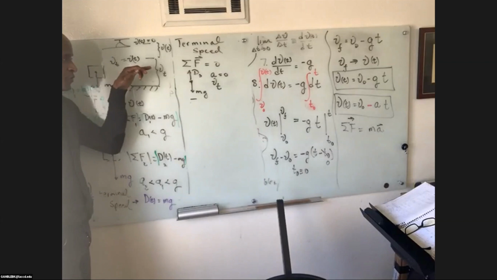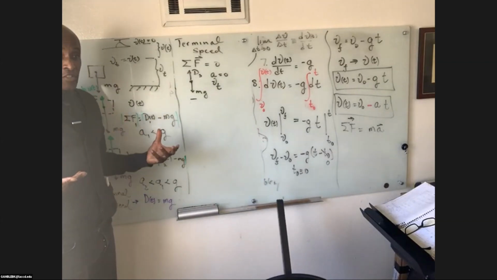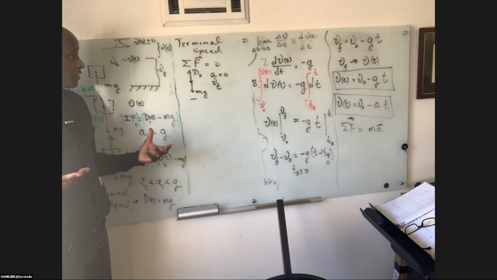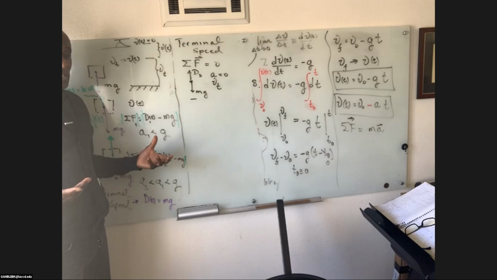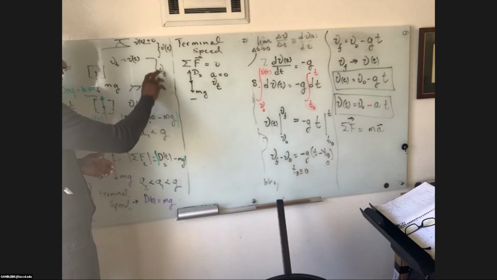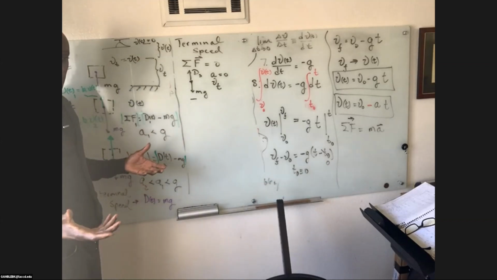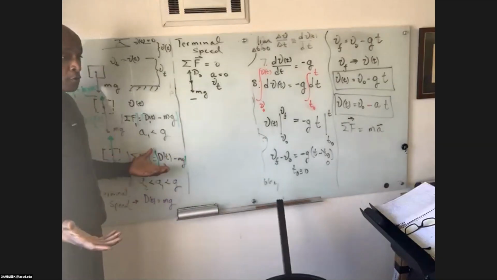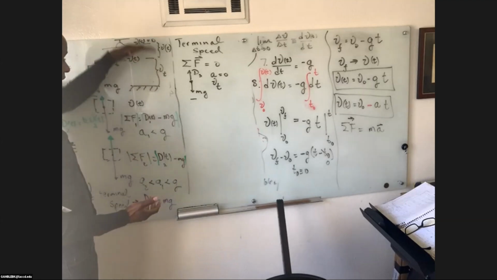So let's just take that right there. Once I enter this regime, I'm moving at constant speed in a straight line, right? And what is the net force everywhere inside of that regime where I'm moving? Zero. So I'm already moving, regardless of how I got moving.